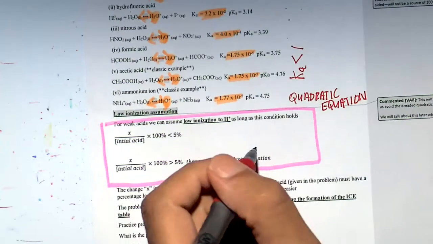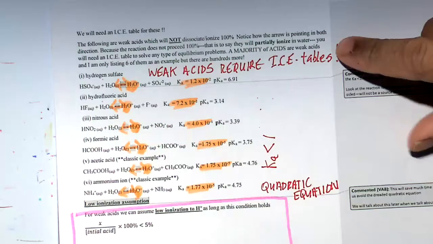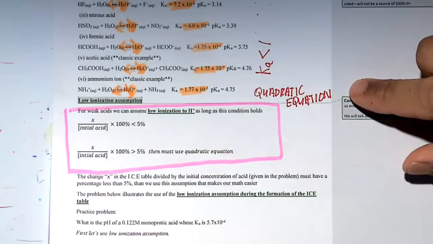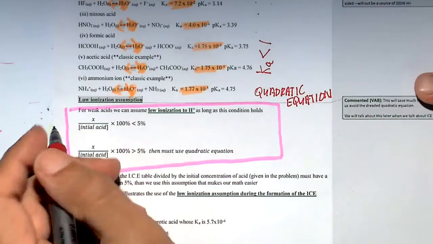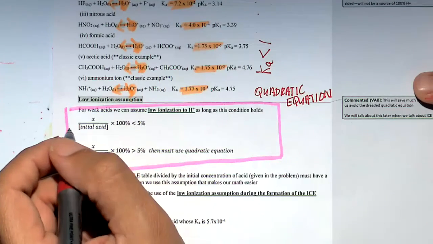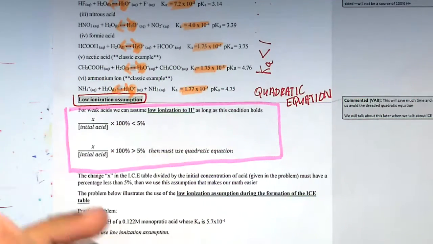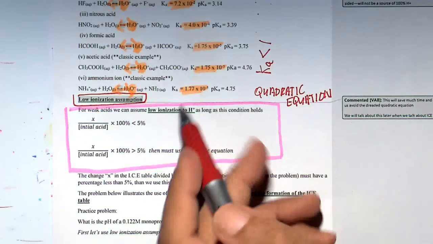So when we do our ice tables for weak acids, do you want to use the quadratic equation? Most of you will say no. Even I will want to say no. But this will tell us whether we can or not. This is called the low ionization assumption. Remember, these are weak acids. Am I 40% going this way? Am I 50% going to protons?